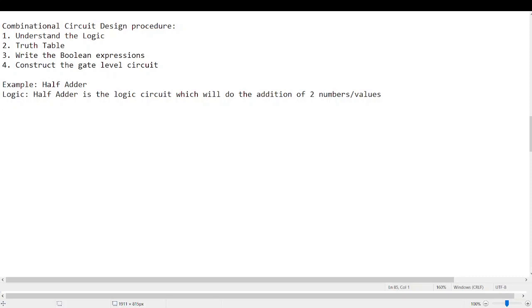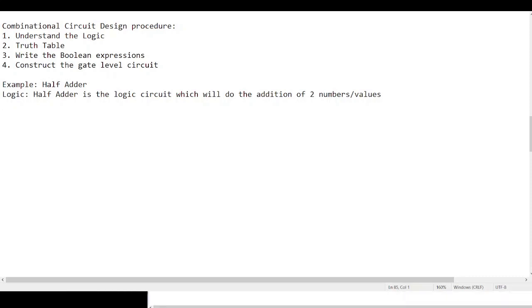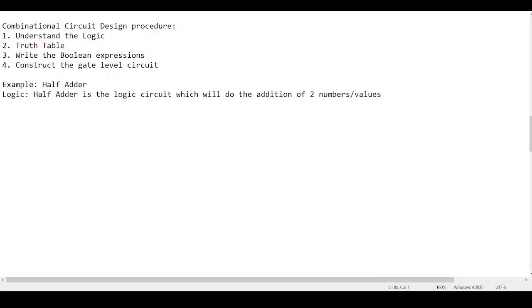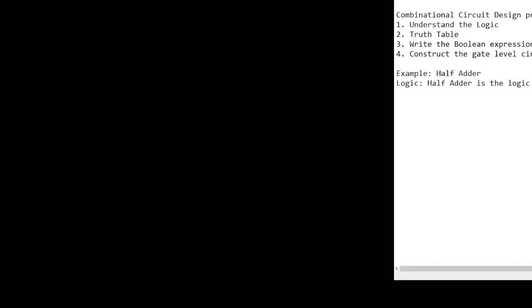The block diagram in which we will be having the idea of how many inputs and how many outputs will be there for your half adder. Let us discuss.